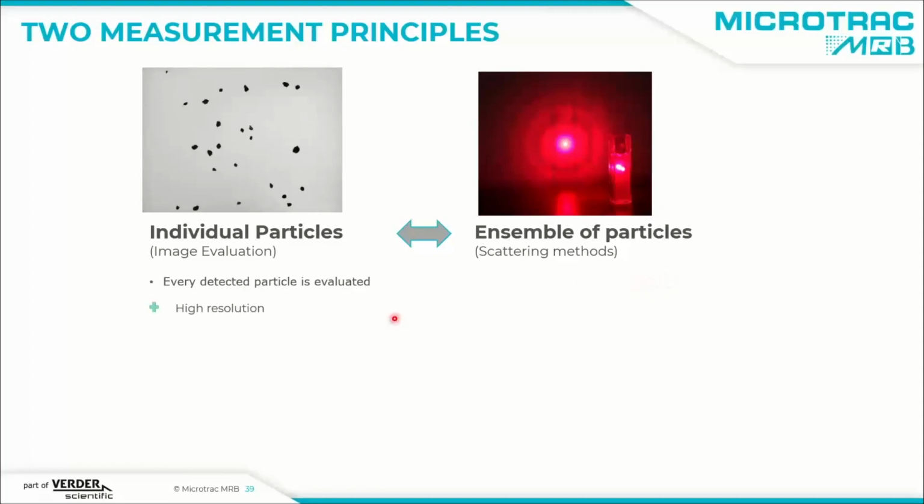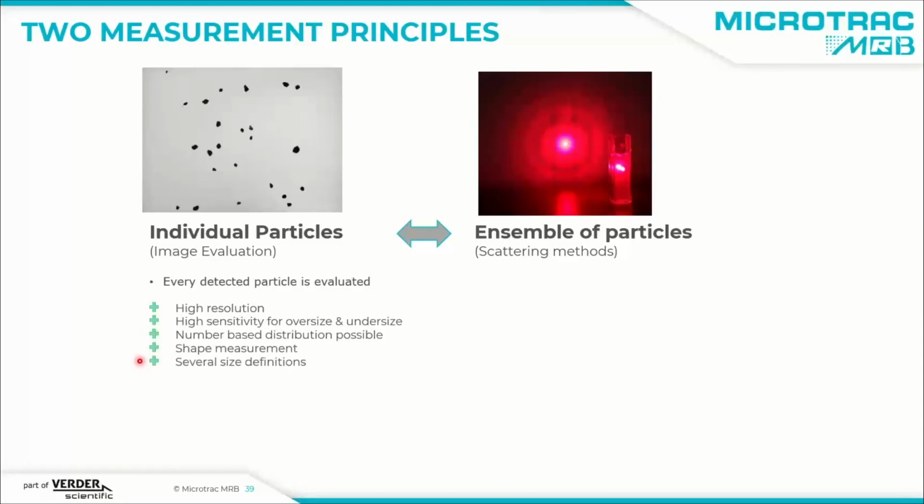So here every detected particle is evaluated. This gives us a very high resolution for size, a high sensitivity for oversize and undersize. We can also reasonably calculate number-based distributions, not only volume-based distributions. We can directly measure particle shape.